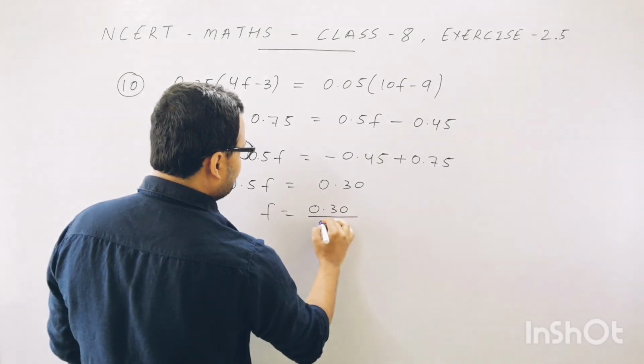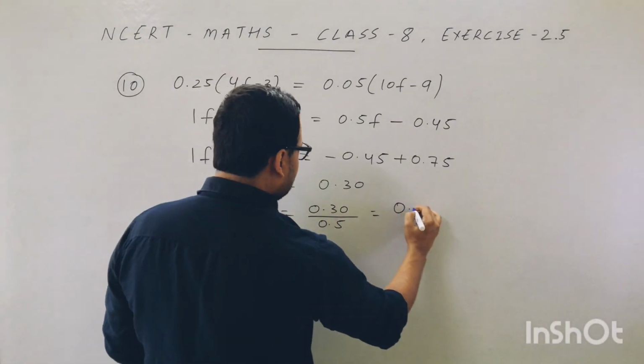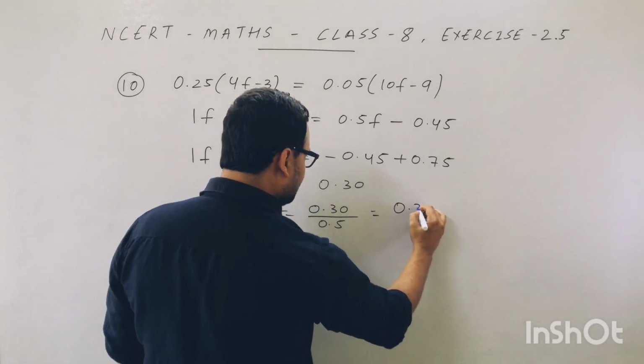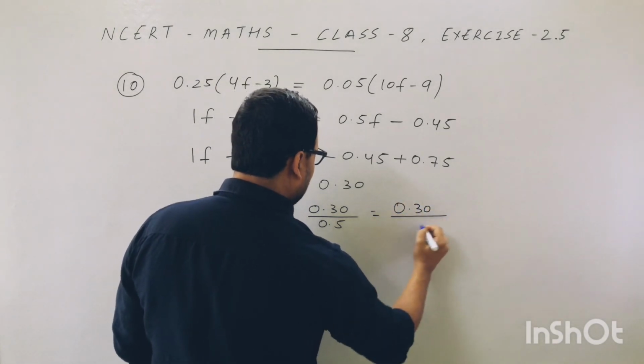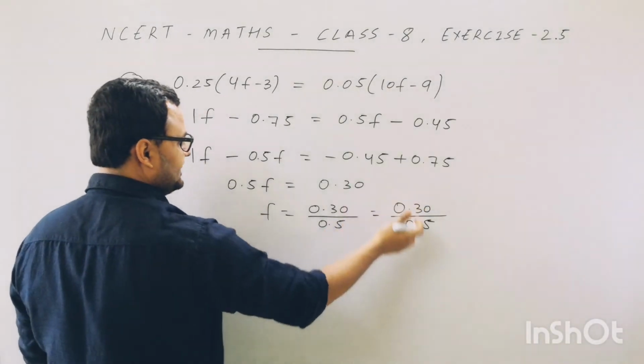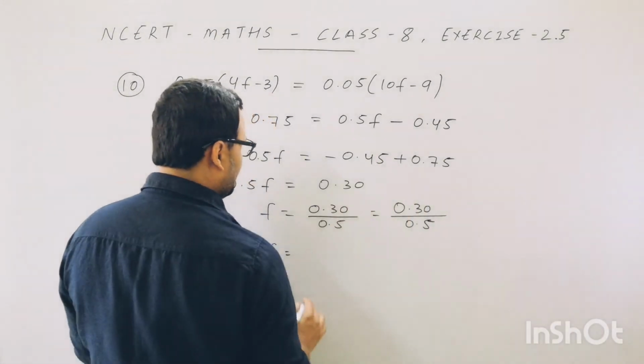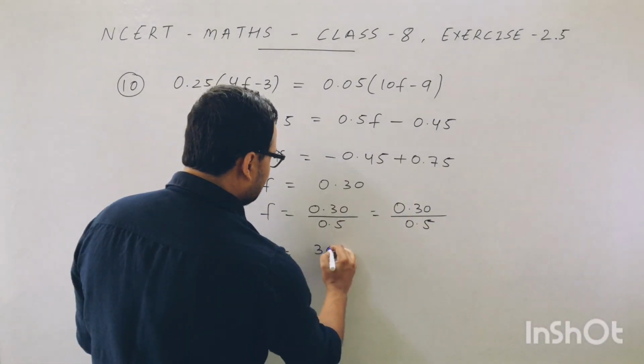Then f will be 0.30 divided by 0.5. I'm going to write it one more time. Now if you simplify to make it easy, 30.